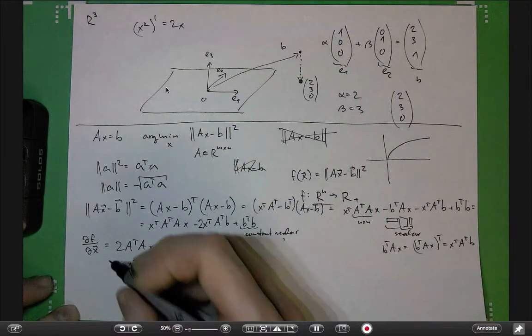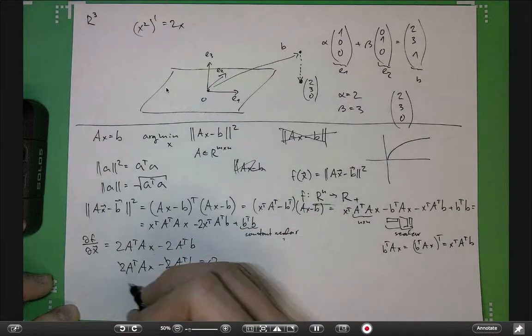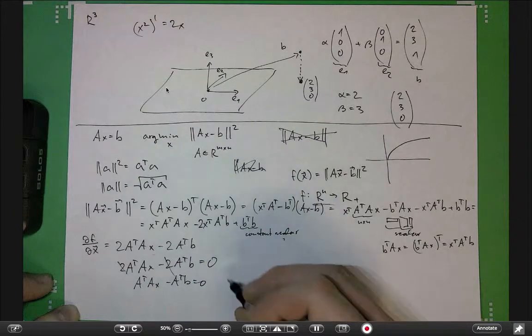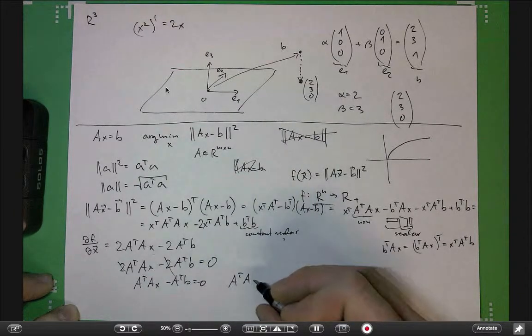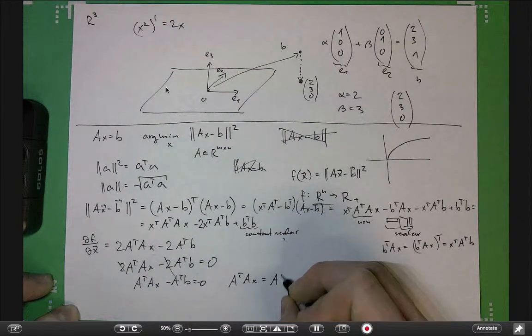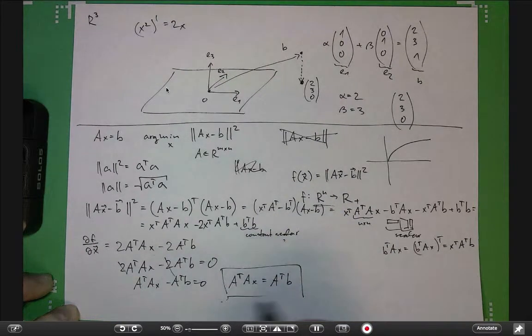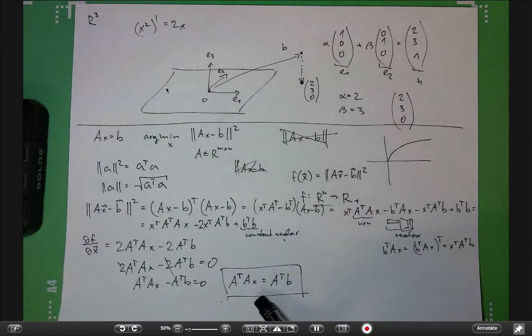Of course, I can just divide by 2, that doesn't matter. So I have ATA(x) minus ATB is 0. And I can write this as ATA(x) equals ATB. This is a very important expression because it tells us how to compute the least square solution x.